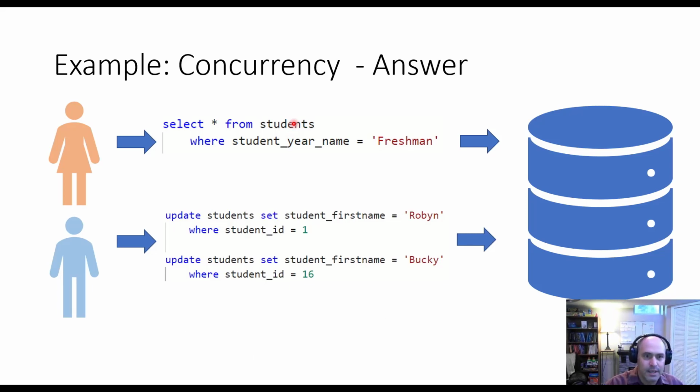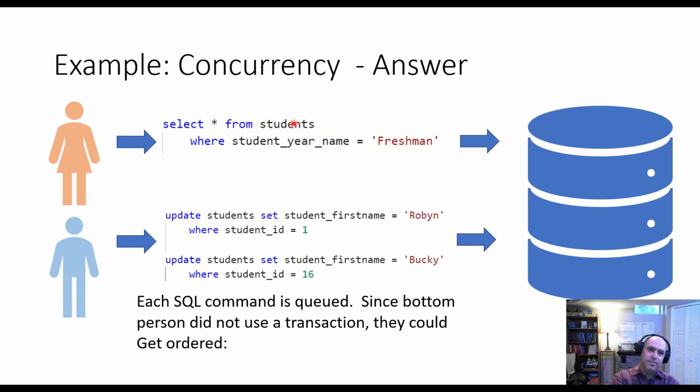Well, the answer is it's going to depend, because each of these statements gets queued by the DBMS, and they actually execute non-concurrently but linearly to guarantee some form of preservation of the ACID properties. And so how they get ordered is going to depend.